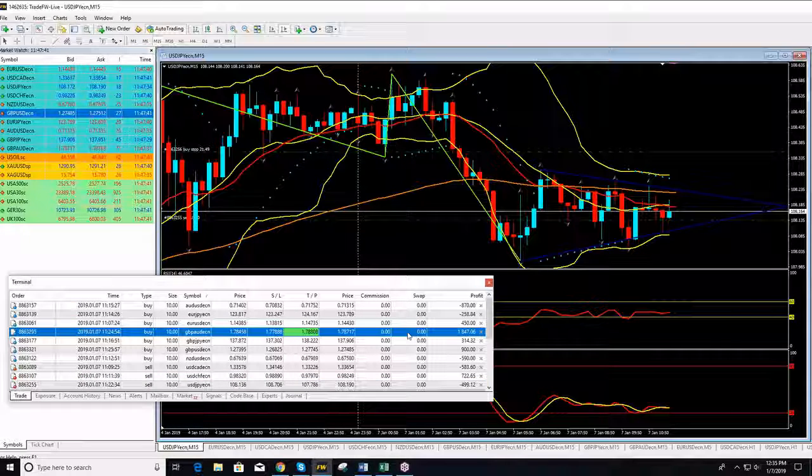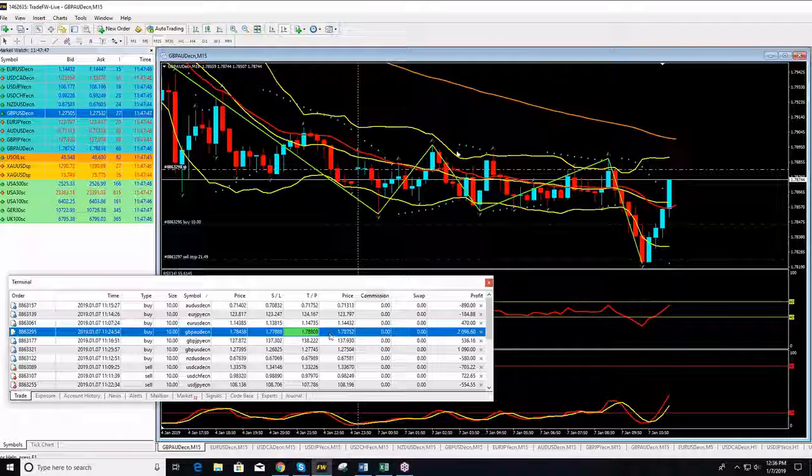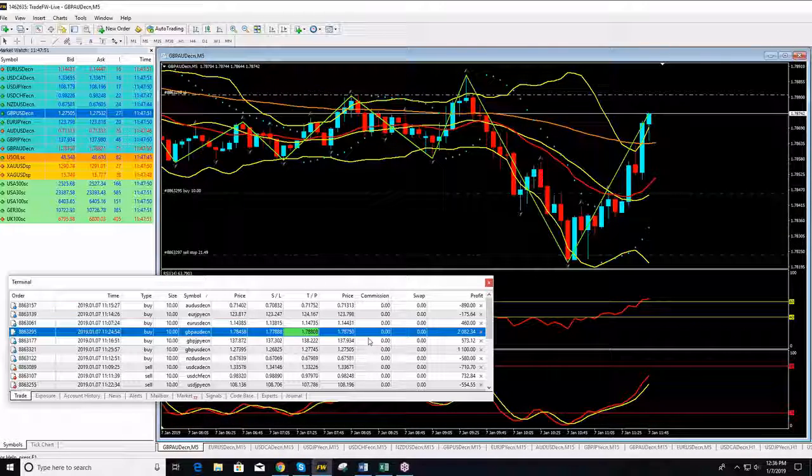Now, we are approaching the TP of pound Aussie. We are just 5 pips away from our take profit, guys. Let's see if this will be our first profitable trade for the day. Just 5 pips away. We are aiming for $2,495 on our pound Aussie position.